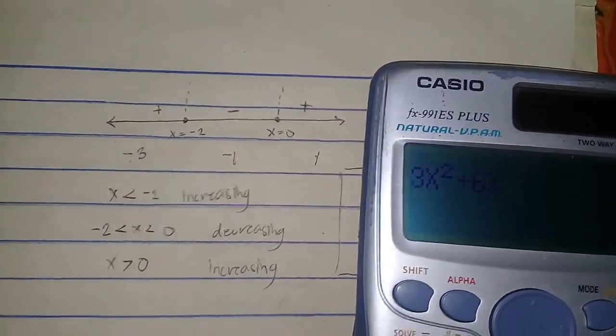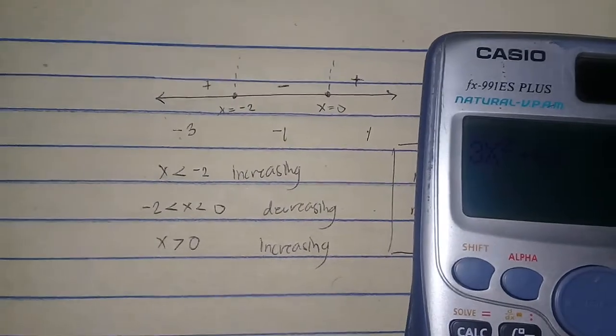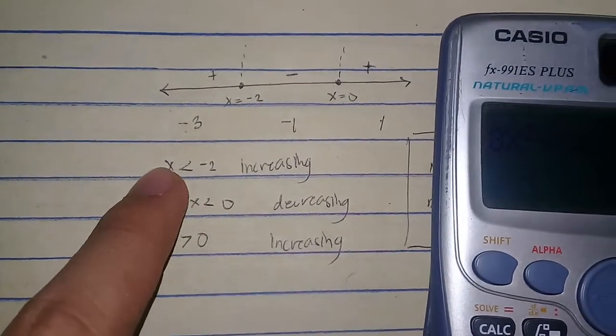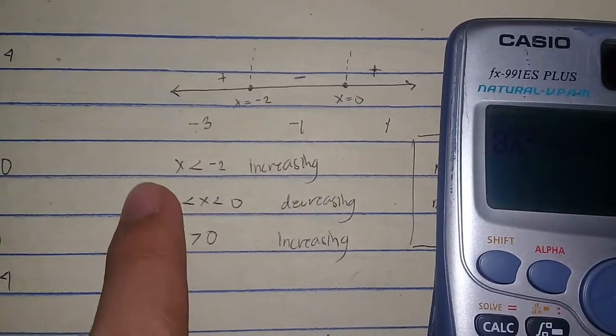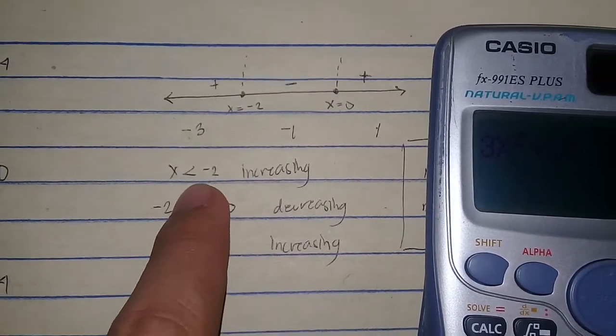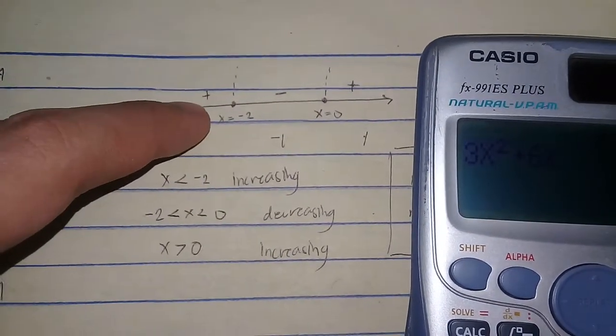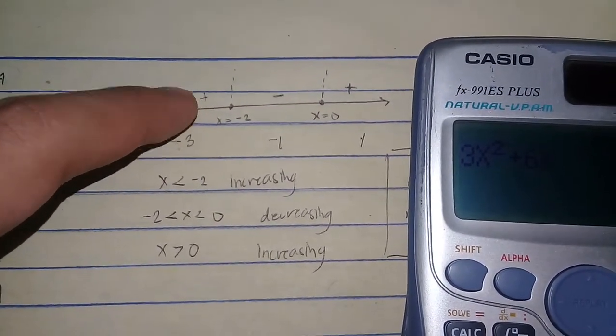From this, we can now determine the domain. It states here that whenever x is less than negative 2, it is increasing because it shows a positive sign.